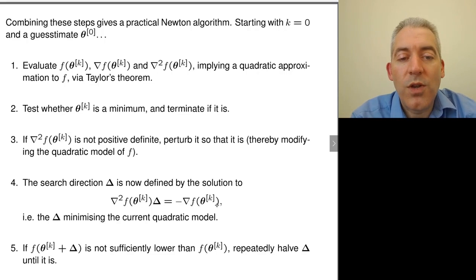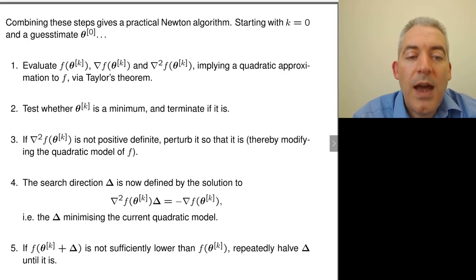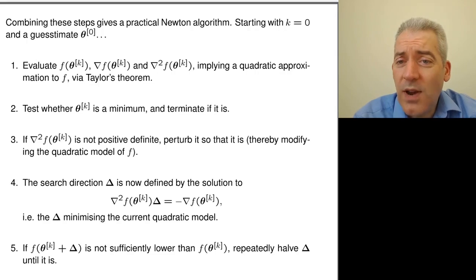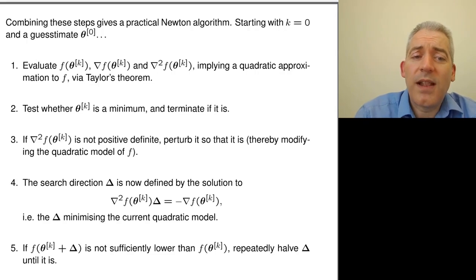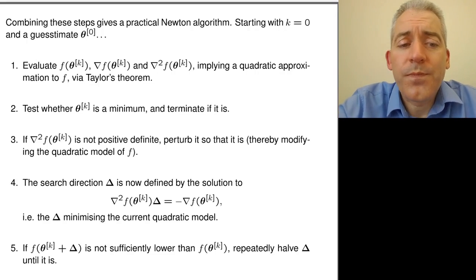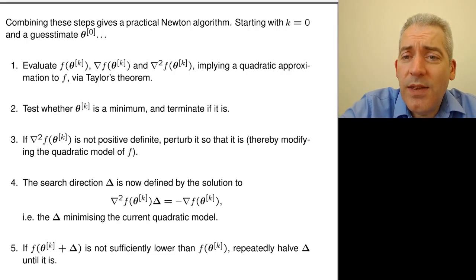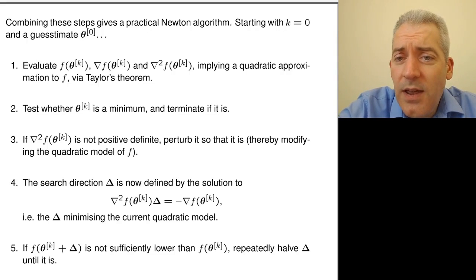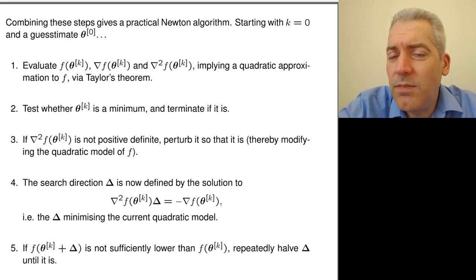But one way or another, we can solve this linear system to get our delta, and we can either jump straight to that newly suggested value, or we can check to see whether it really does take us downhill, and if it doesn't, we can just successively halve the distance that we jump until we do go downhill, thereby ensuring that we at least always go downhill.